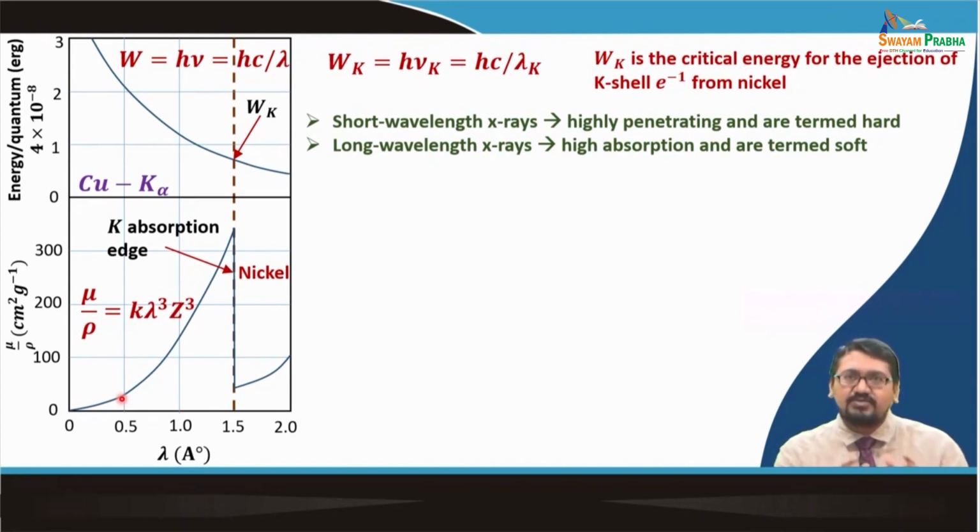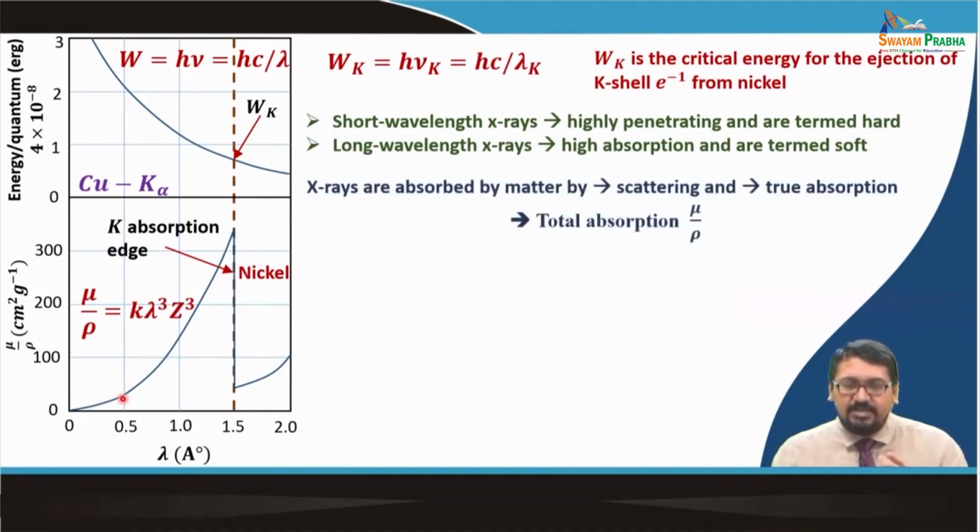This we are talking about if the radiation is from, say for example, copper, and it is falling on nickel, and then it is able to absorb energy, so that the K shell electron is excited and goes away from the atom, and that excited atom is known as the K absorption edge, right.